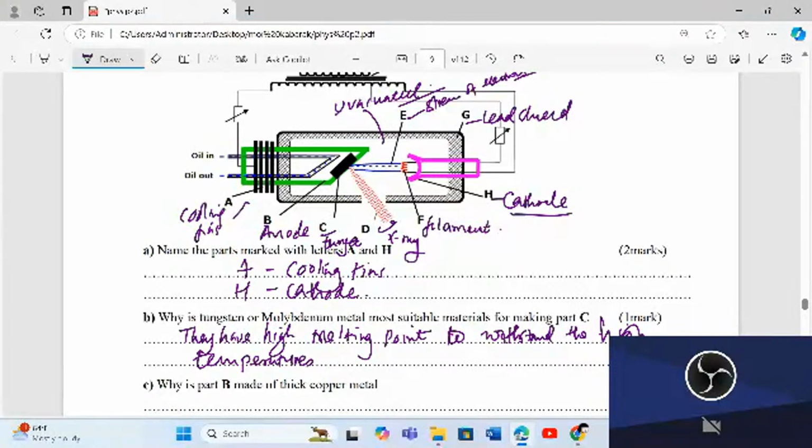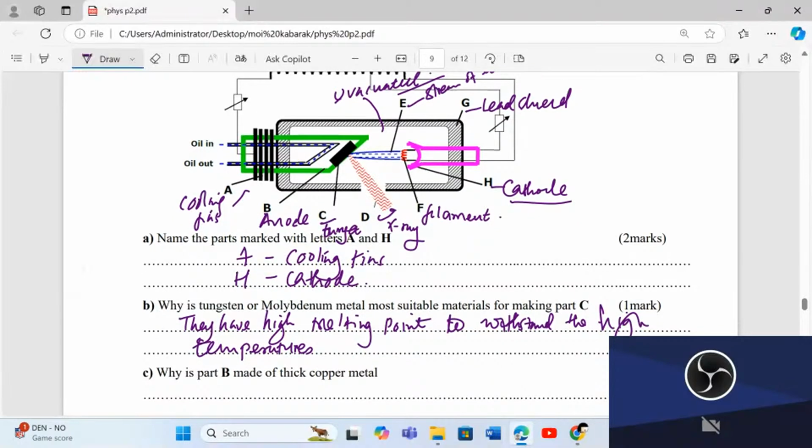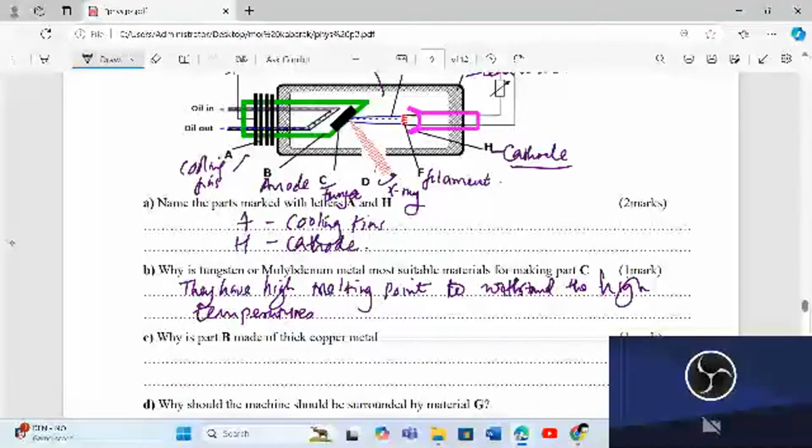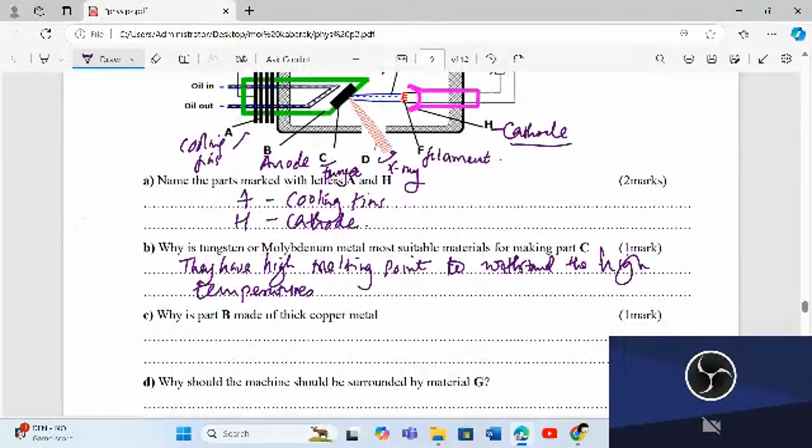Why is part B made of thick copper? Part B is the anode. If you look at it, we have the tungsten target attached to this copper anode. Then what could be the reason?